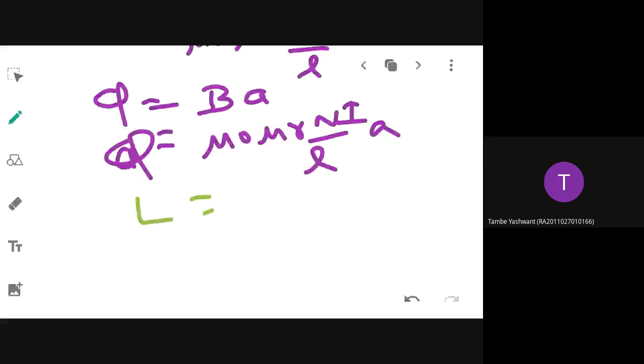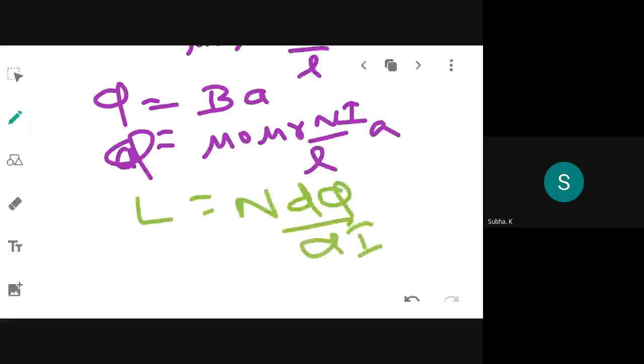Now I want to find the inductance. Just now I told you the formula for L: N into d phi by di. In place of phi, I can substitute the above formula.